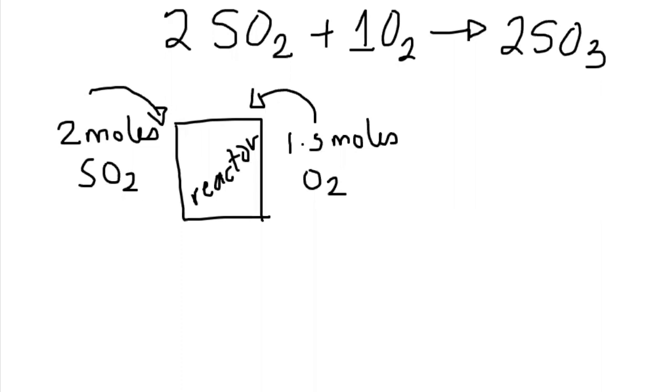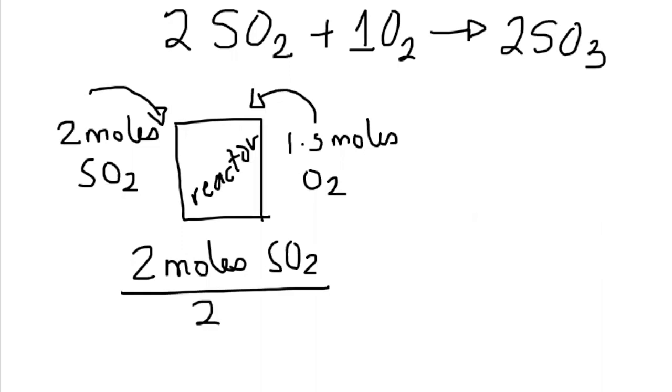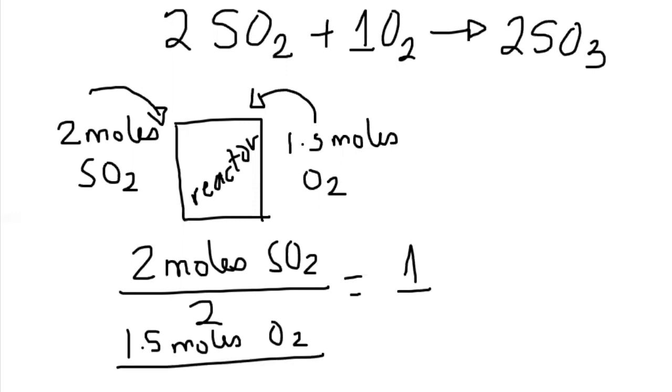So if we feed 2 moles of SO2, we divide this by the stoichiometric coefficient of SO2, which is 2. This gives us 1. While if we feed 1.5 moles of O2, we divide this by its stoichiometric coefficient, which is 1, and we have here 1.5.